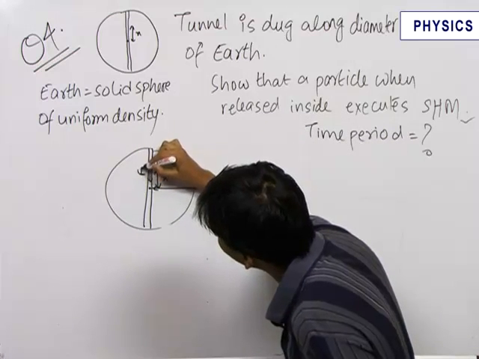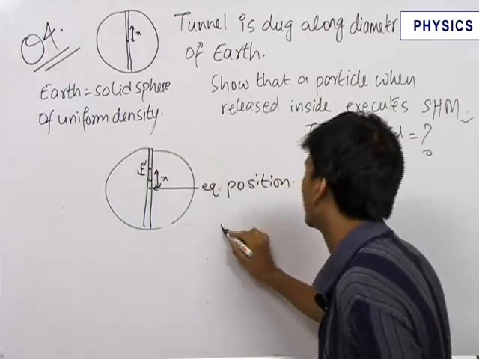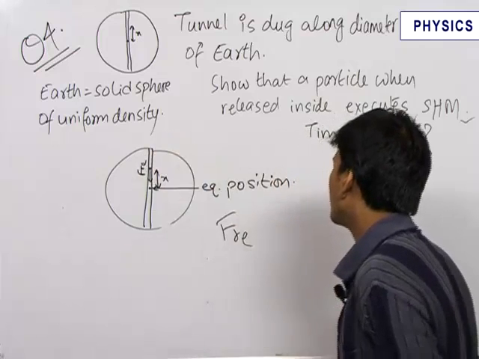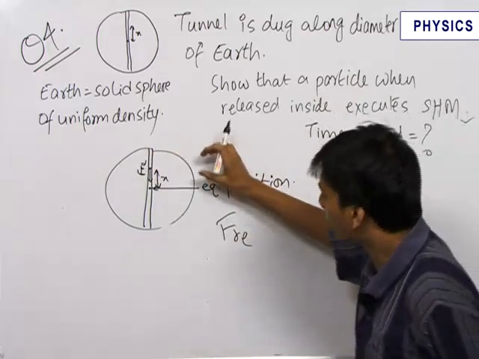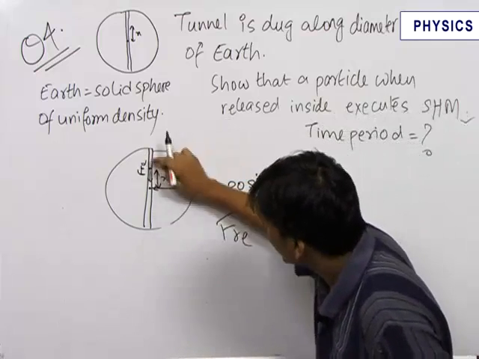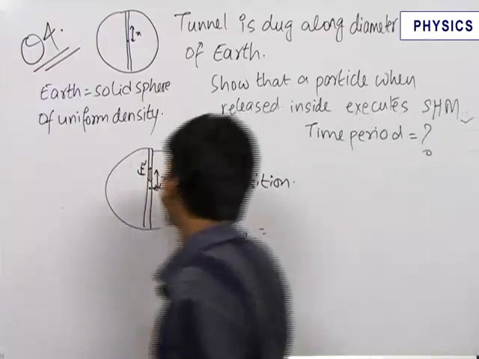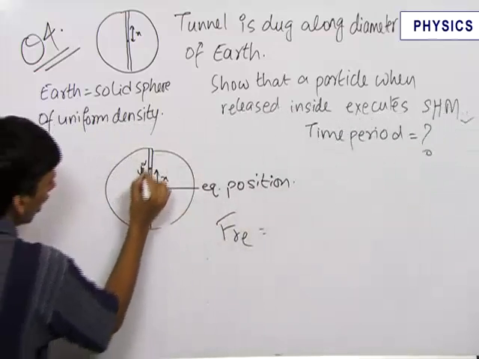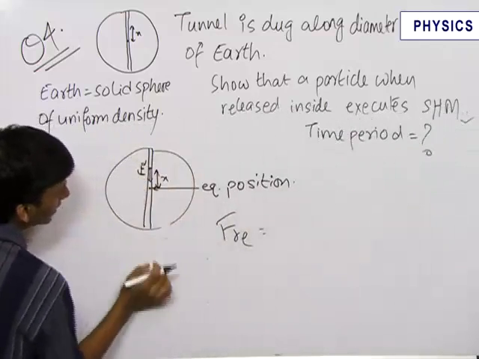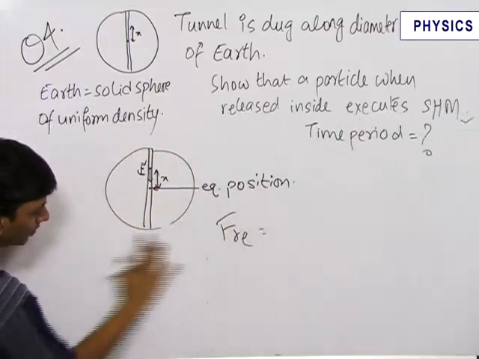Let this be the restoring force F_RE. That is the force which is bringing this particle back to the equilibrium position. So this restoring force is the net gravitational force due to the earth on this particle when it is at a distance x from the center along this tunnel.